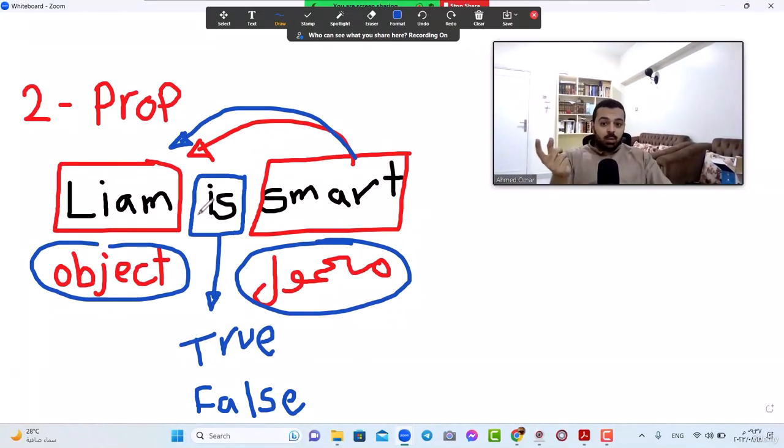If he's not smart, you say Liam is not smart. Okay? According to what? According to the law of the reason, which is identity, or the impossibility of contradiction coming together. طيب. Now this is introduction number 2.